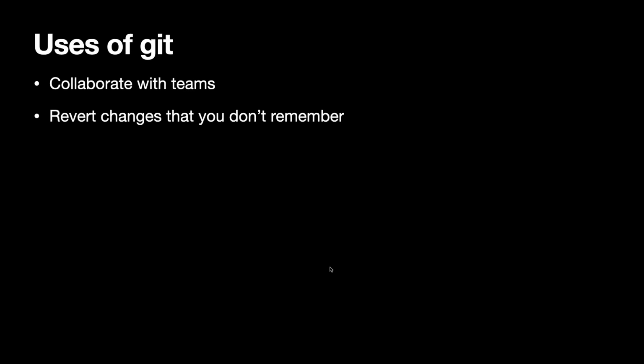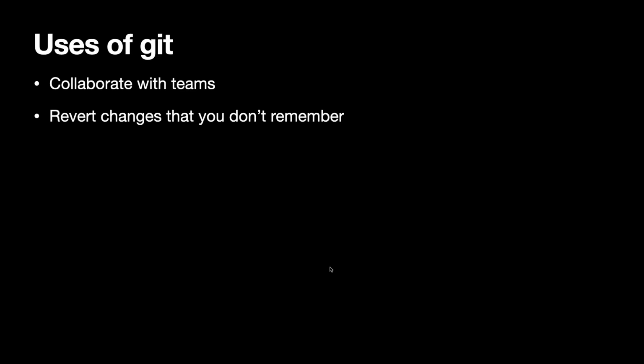Now, the next question is, what can I do with Git? First and foremost, the main use of Git is to manage code, right? That is the main use of Git. After that come the other uses, like collaboration with different people. Many people can work on a single project at once.